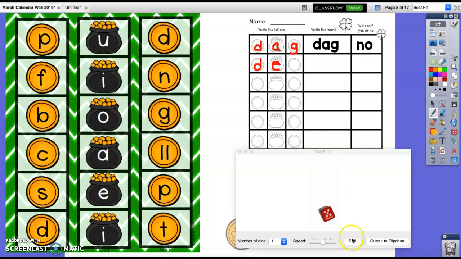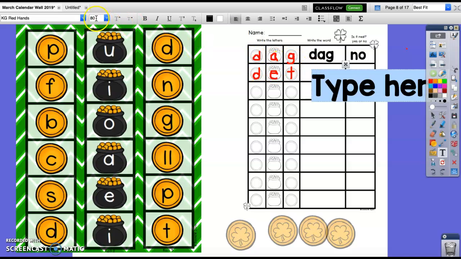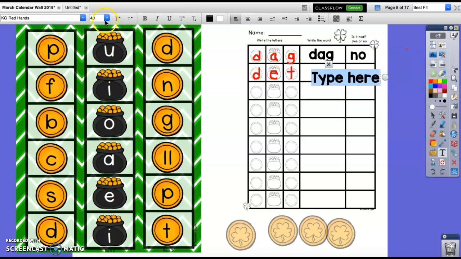Okay, we're going to roll our dice one more time. We rolled a 6. 1, 2, 3, 4, 5, 6. And we got a T. So our 3 letters that we got are what? D, E, T. Very good. So now we're going to write that in.